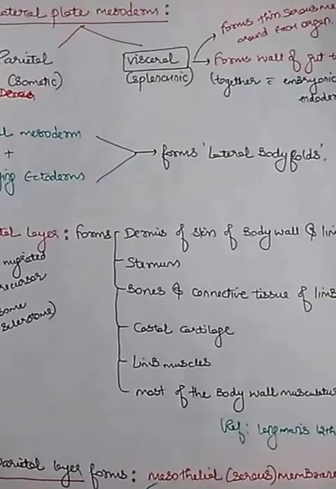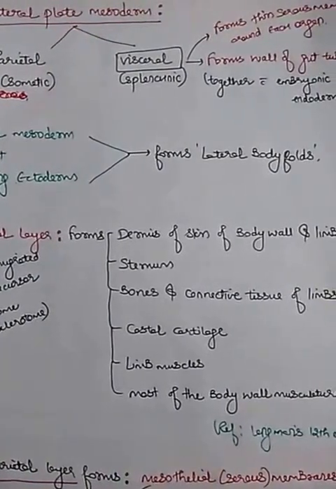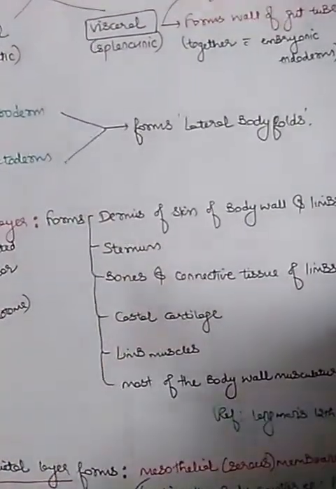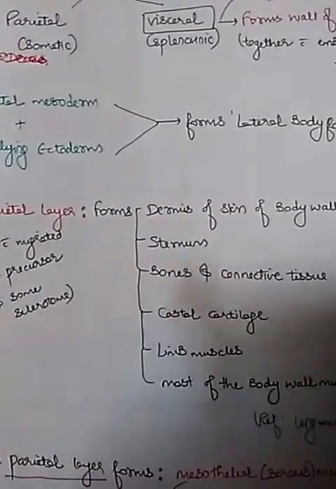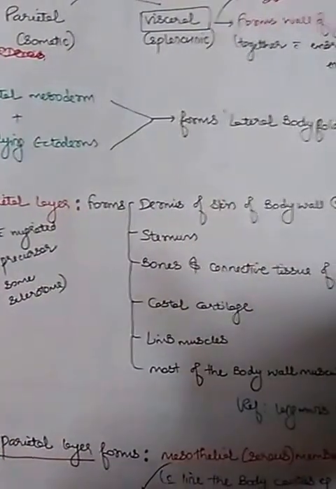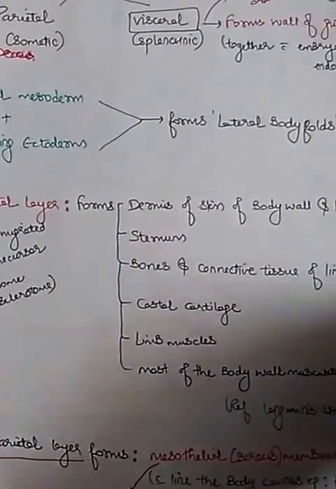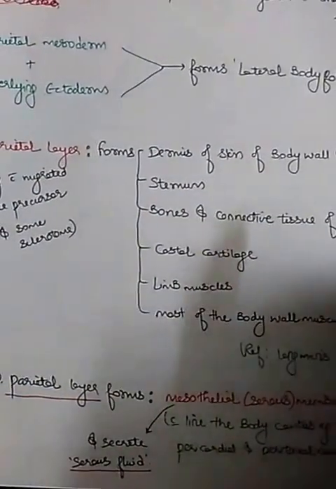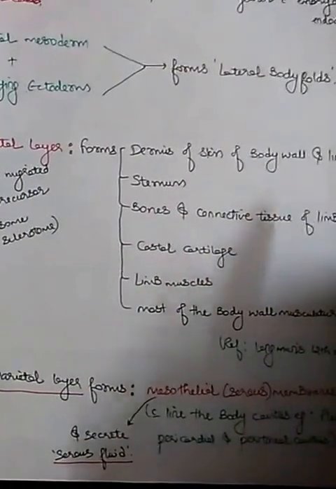Along with that, some of the bones and connective tissue of limbs are formed by the parietal layer. Costal cartilages, limb muscles, and most of the body wall musculature are all formed from the parietal layer of lateral plate mesoderm. The rest of the details we will study in the embryology of the axial skeleton.